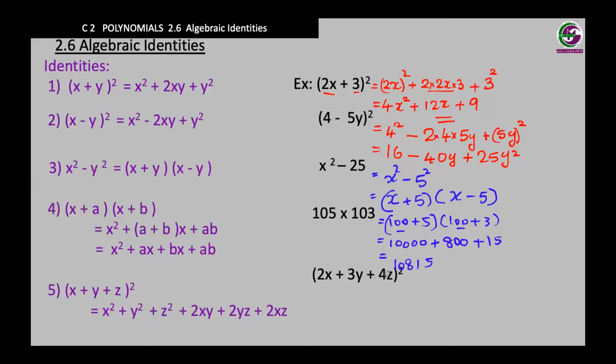2x plus 3y plus 4z the whole square. Each one of them has a number and a variable, so we have to put them in a bracket.